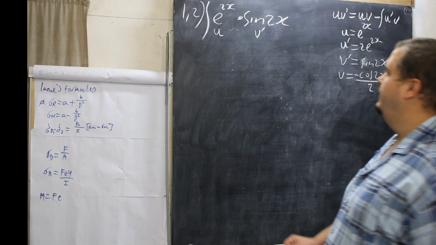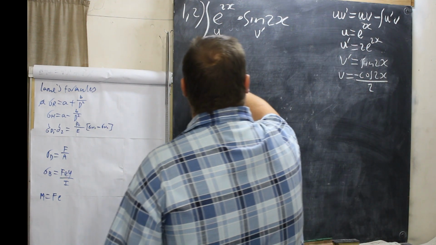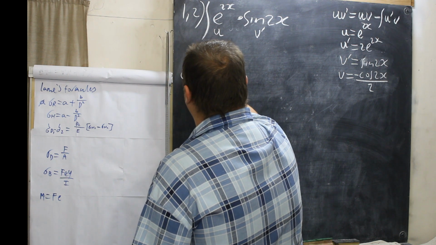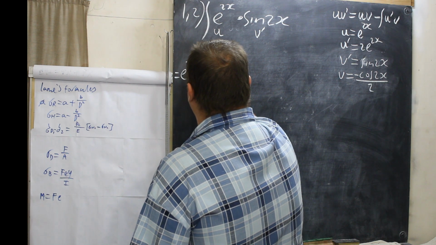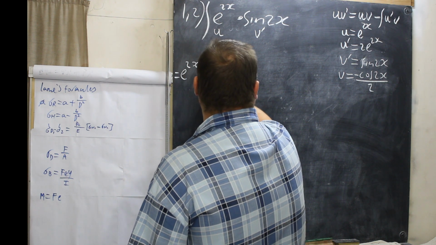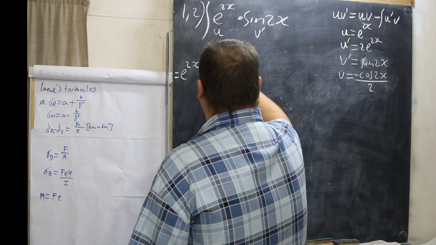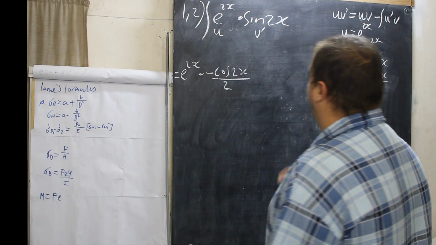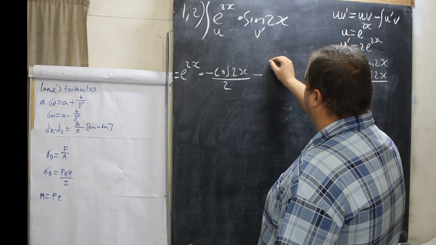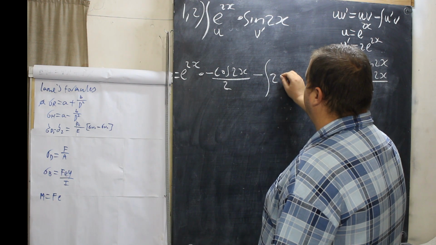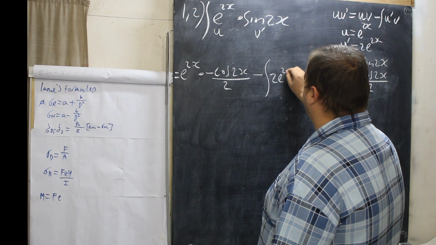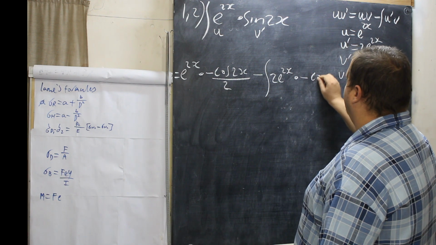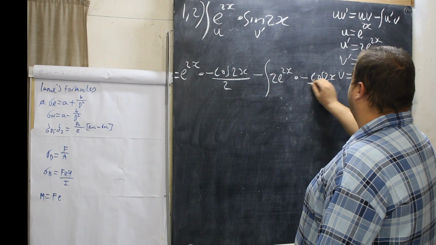Okay, now we begin. Let's put this into our formula. So we have e to the 2x times minus cos 2x over 2, now minus the integral of 2 e to the 2x times minus cos 2x over 2.